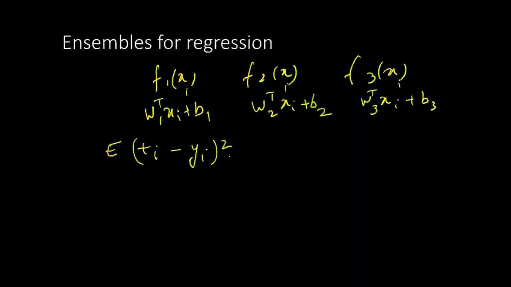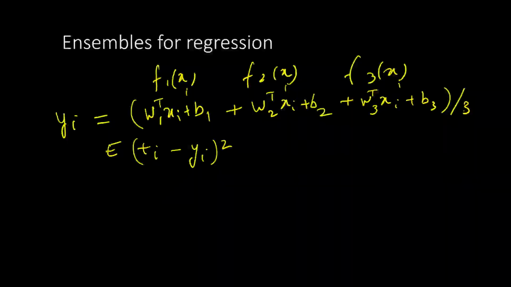We would like this expected value to be low, and what we are saying is that your yi is going to be an average of three different regressors. It could be two also; here we took an example of three. In regression we don't have to have an odd number of constituents. We can have two regressors, four regressors also. But let's look at this.